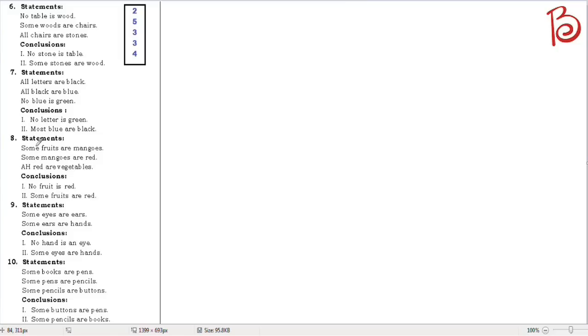The next one is an interesting sum. Let's go for it. Some fruits are mangoes. Some mangoes are red. All red are vegetables.